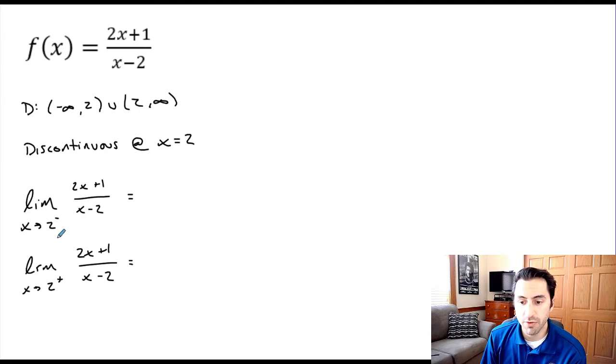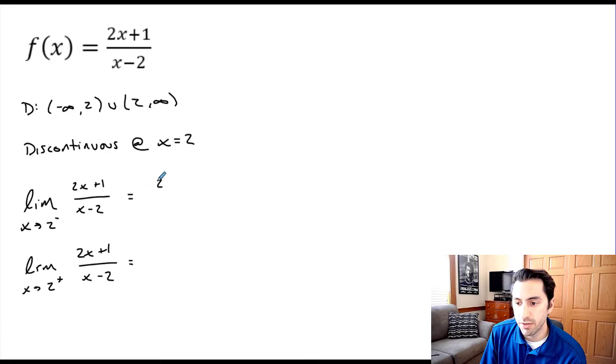So as we're coming from the left, we're going to pick out values of x that are getting very, very close to 2. So maybe we pick out something like 1.999. Well, if I take a number very close to 2, but a little bit less than 2, and I subtract 2 from that, I'm going to end up with a number that is very small and also negative.